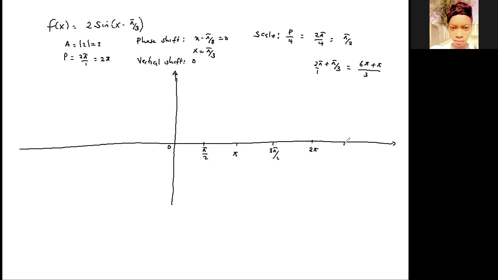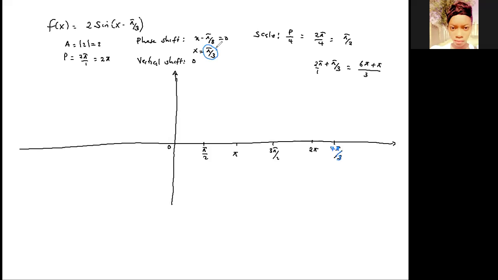So I'll put a point there on the right for the shift. I'll put 7 pi over 3. So each point here must be moved. When I come back to the shift, each point must be moved pi over 3 to the right.